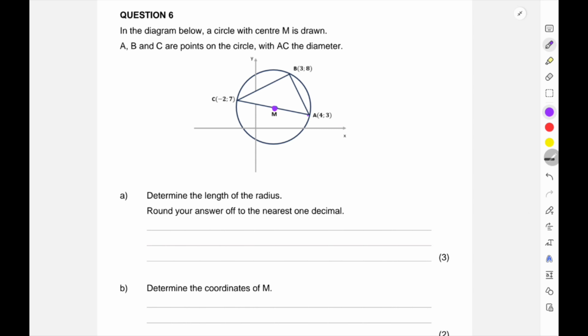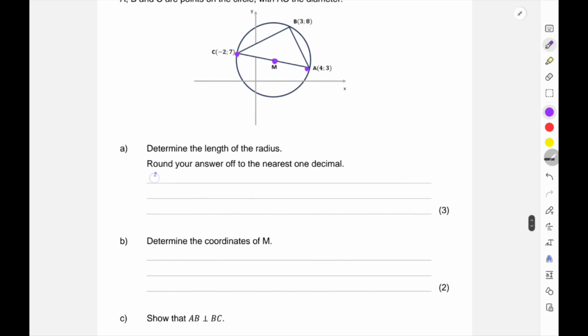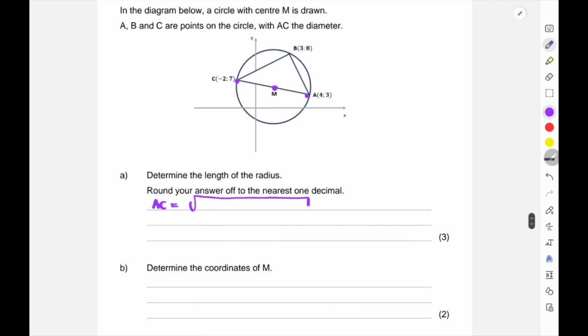So they don't want it in simplest form, they want you to round it off. So without getting the midpoint, you can work out the distance of AC, and then because we know that AC is the diameter, AC divided by 2 will give you MA, and that is what they want.